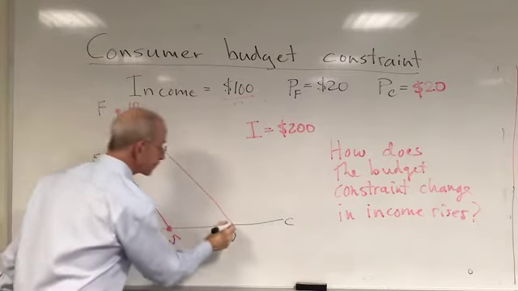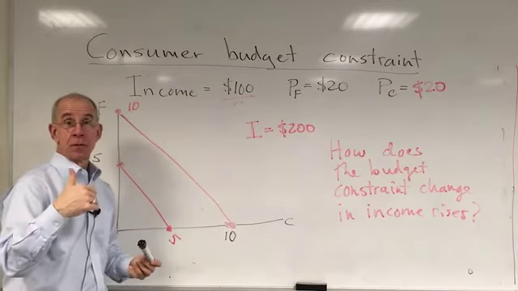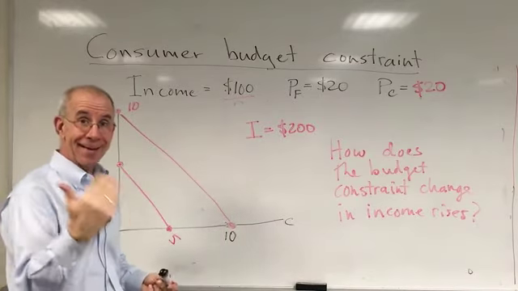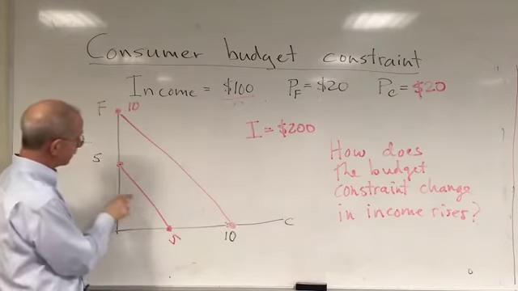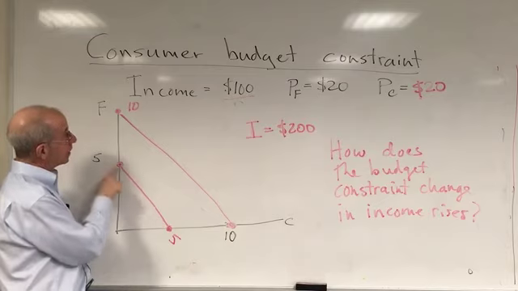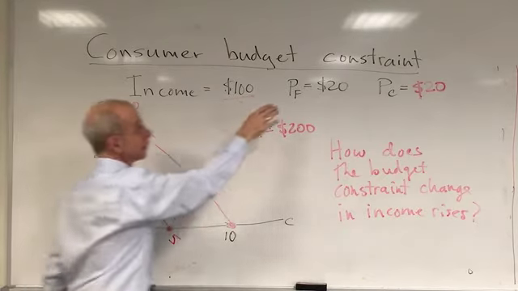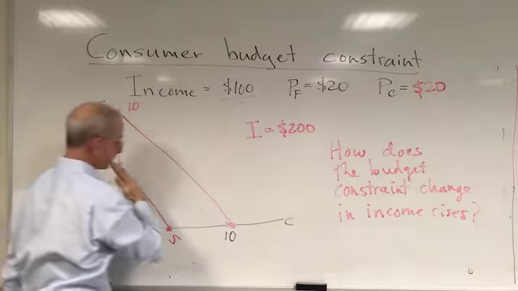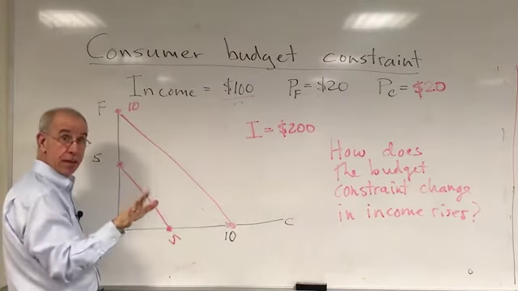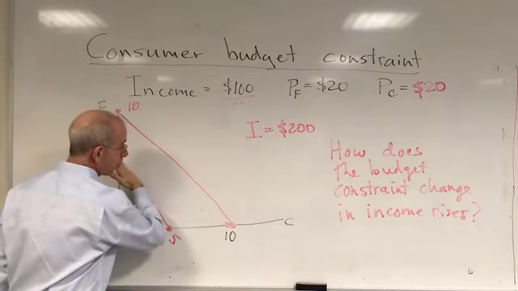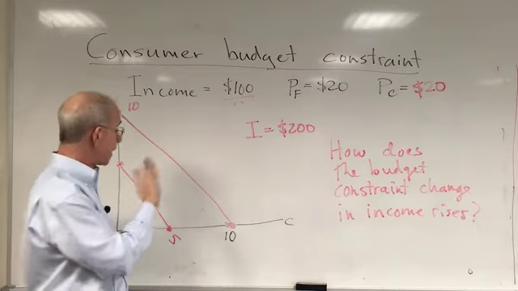Now, one of the things about this change in income and its effect on a budget constraint. Here's where the income was $100 and the prices given here. When you have just strictly an increase in income, what that's going to do is shift that budget constraint out.